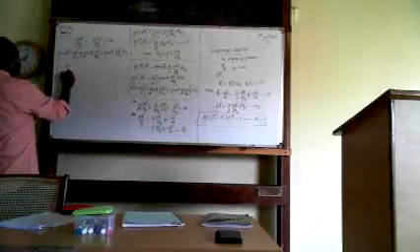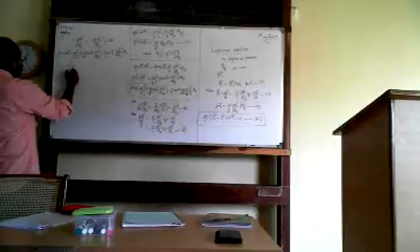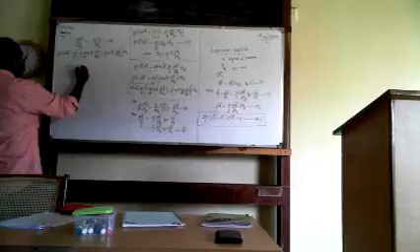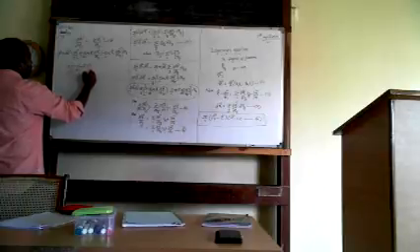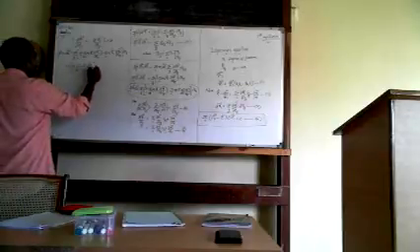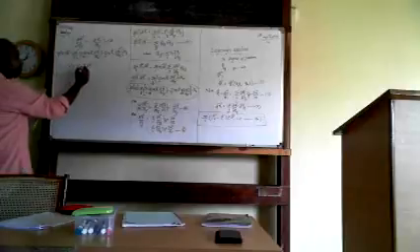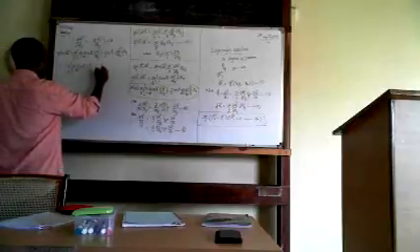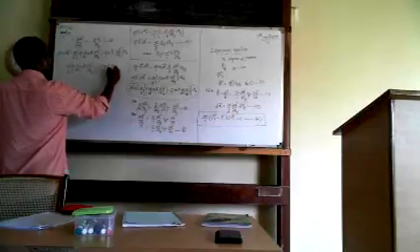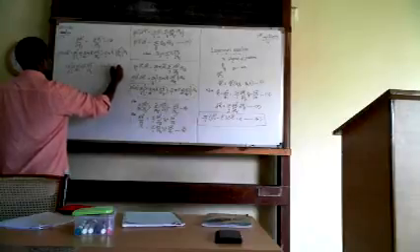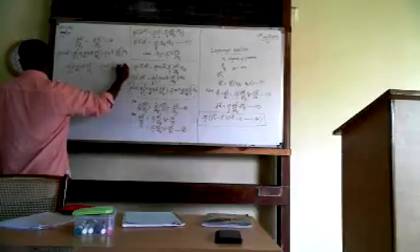Sigma j, sigma i d/dt of Mi Ri dot ∂Vi/∂Qj dot. Vi is Ri dot actually. Minus sigma i Mi Ri dot ∂Vi/∂Qj delta Qj.